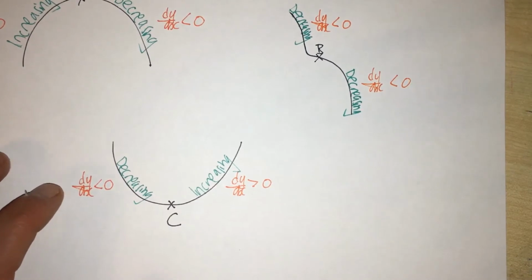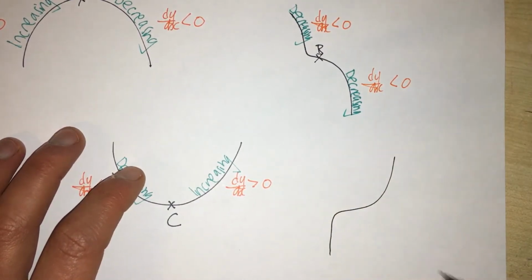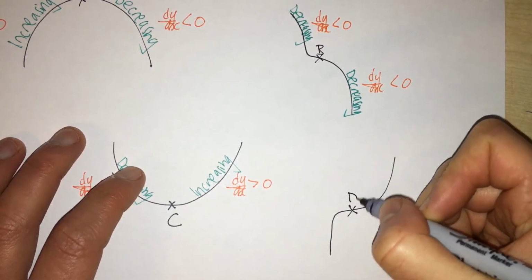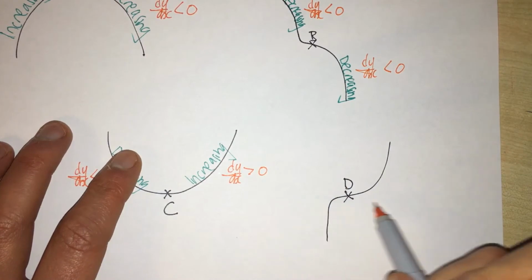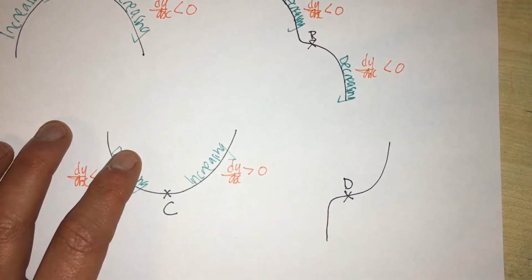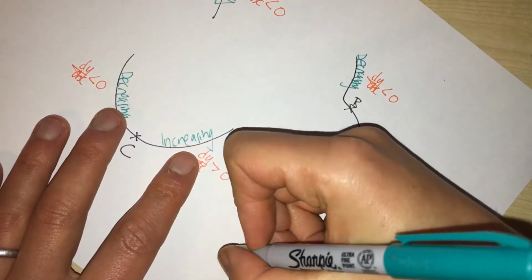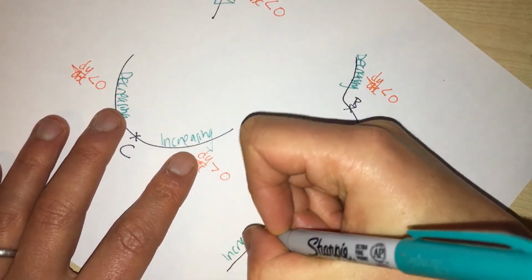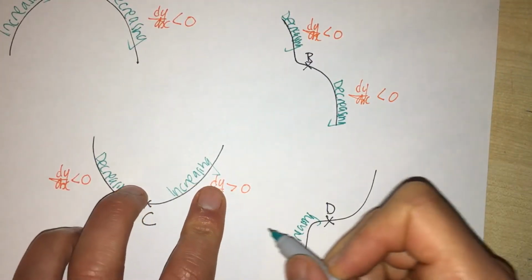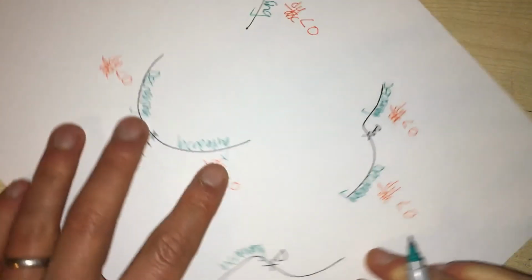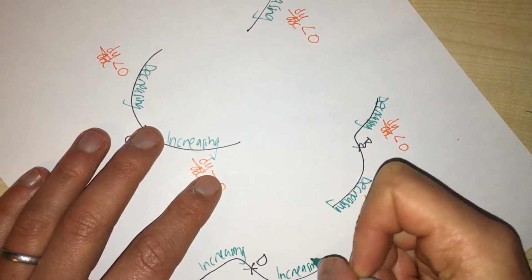And very similarly in the last point, point D, it's coming up like this. Let's mark that on. D, again, just zooming in a little bit. We've got the gradient at point D is 0. And before, as we're approaching D from the left-hand side, the function is increasing. At point D, the gradient of the function is 0, and then thereafter it's again increasing.